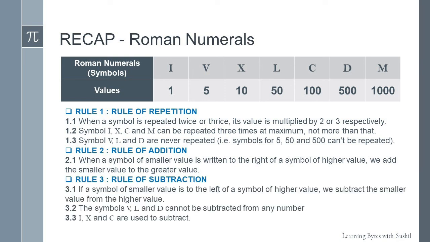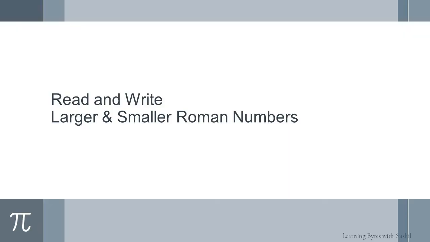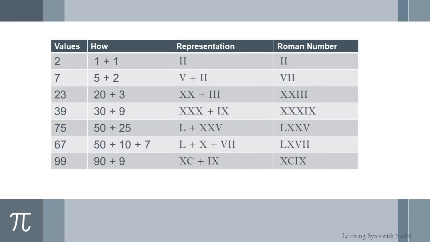So now, since we have learned the rules, let's understand how to read and write the larger Roman numbers. But before that, let's practice some smaller numbers. So here we have taken some examples. For value 2, it's 1 plus 1. That makes it II. So we can write 2 as II.